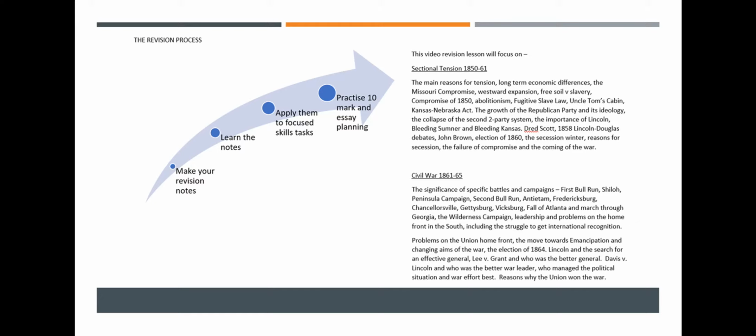What we need to be able to do is to recall knowledge about those specific aspects of this element of the course. We need to make some revision notes to help us do that, and then we need to learn the notes.